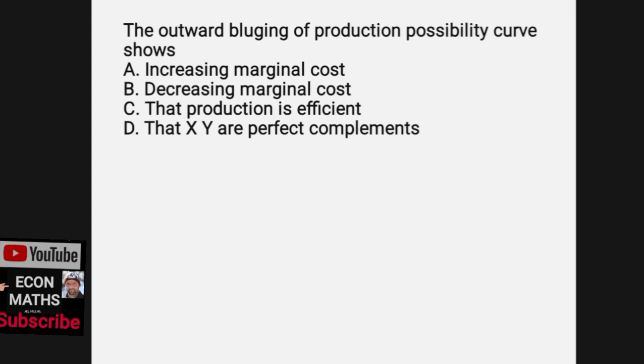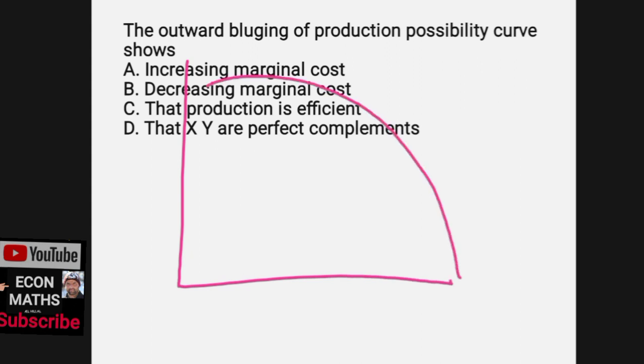Next question is, the outward bulging of the production possibility curve shows: first, increasing marginal cost; B, decreasing marginal cost; C, the production is efficient; D, X and Y are perfect complements. The correct option to this question is the first, that is increasing marginal costs, because the PPC is given by this.